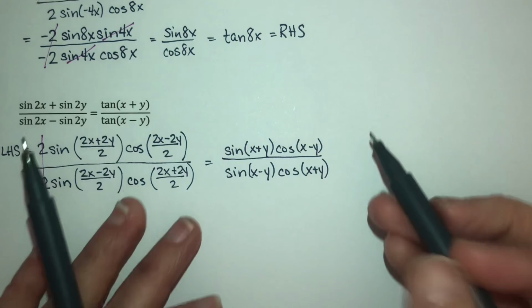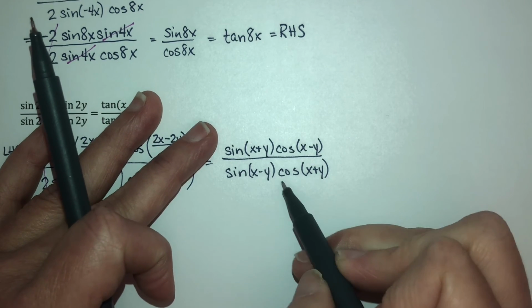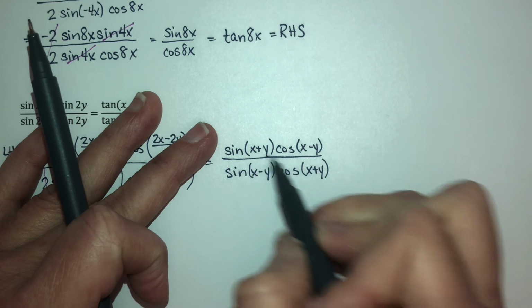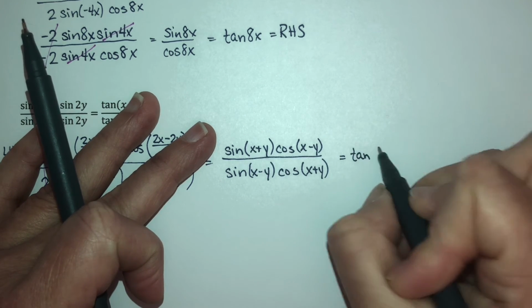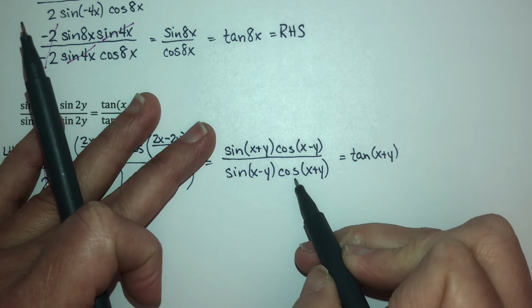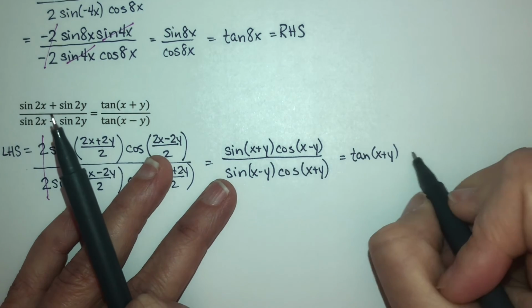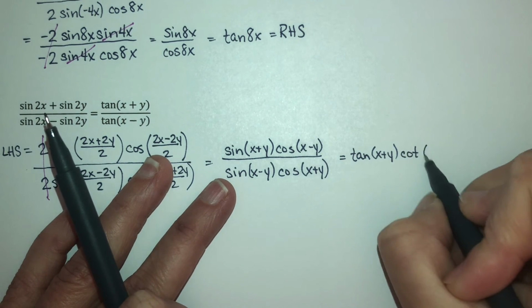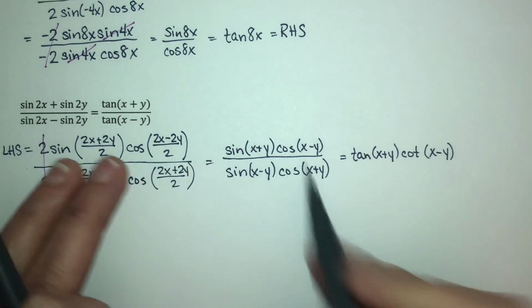Now what we have here is I have a sine x plus y over cosine x plus y. So if I take these two, that is the same thing as tangent of x plus y, because I have sine over cosine. Here I have cosine over sine of x minus y. So that is cotangent of x minus y. I'm almost here.